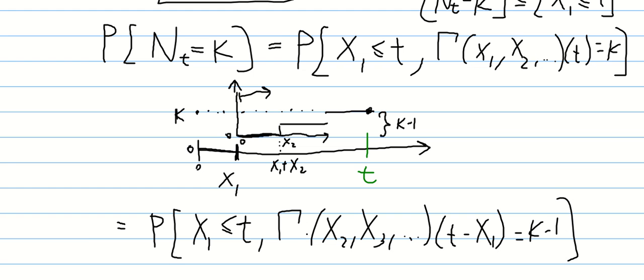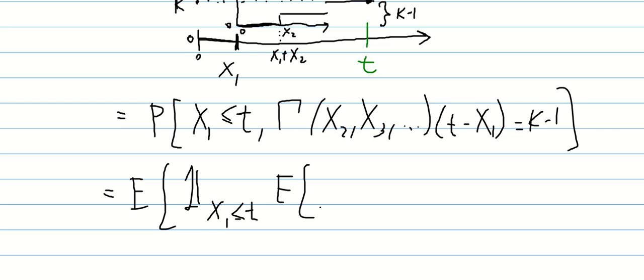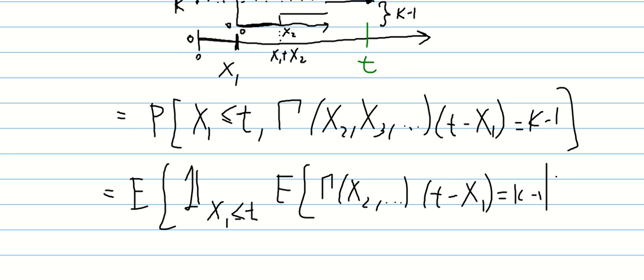We're counting from x1. So now we can take conditional expectations with respect to x1, and it's measurable, so this goes out of the conditional expectation. But here we have a gamma of x2 and so on at t minus x1 being equal to k minus 1 given x1.